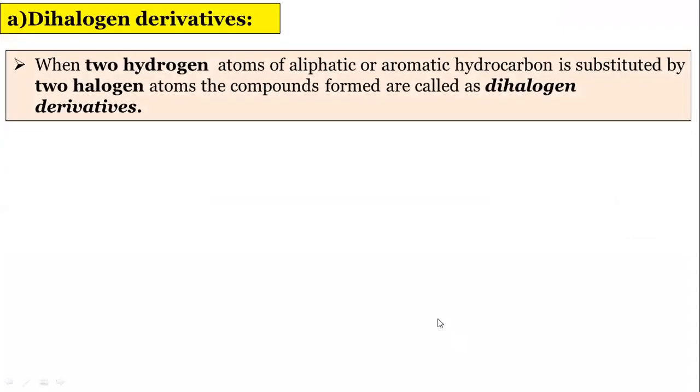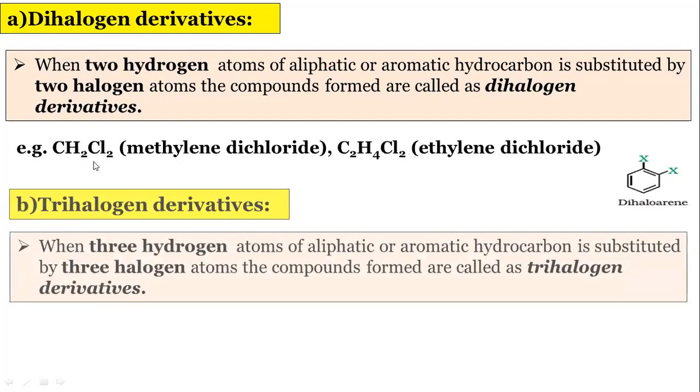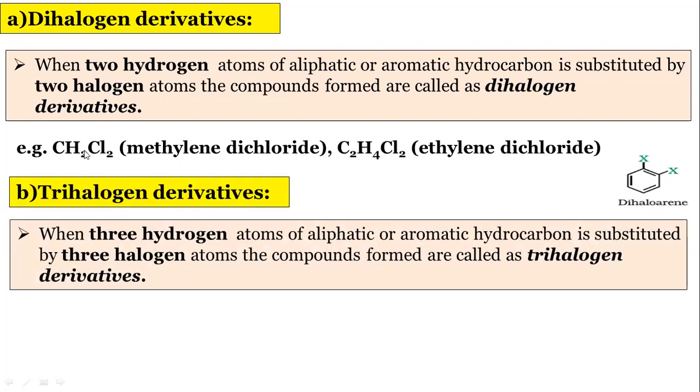Now, we will discuss in detail what is meant by dihalogen derivatives. Di means two hydrogens are replaced with two halogens. So the definition is given here. When two hydrogen atoms of aliphatic or aromatic hydrocarbons are substituted by two halogens, it is called dihalogen derivatives. See, the examples are given here. In case of CH4, two hydrogens are replaced with two halogens here, two chlorines.